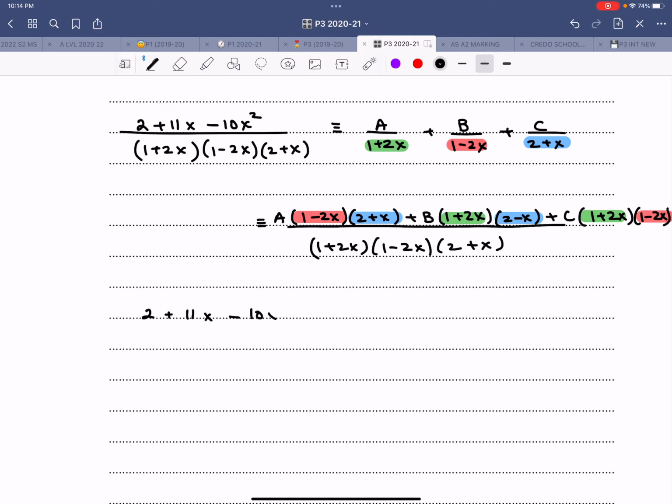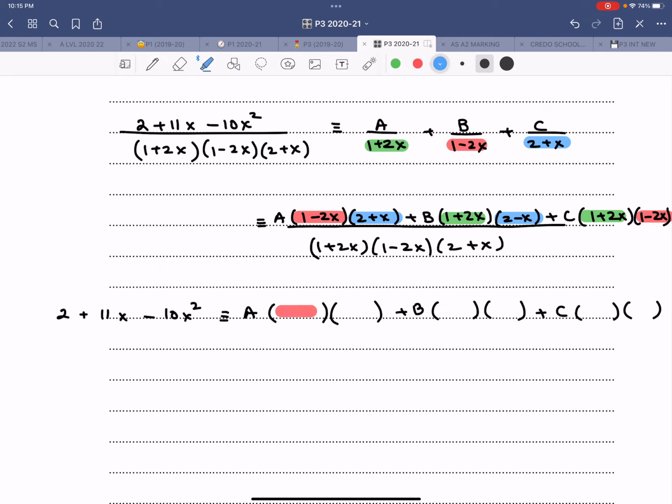Minus 10x squared is identical to A multiplied by these two, B multiplied by these two. Need more space. And similarly, C is multiplied by the last two. So this is orange and blue, and this is green and blue, and this last one is green and orange.